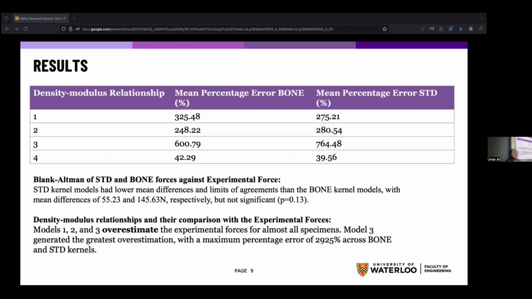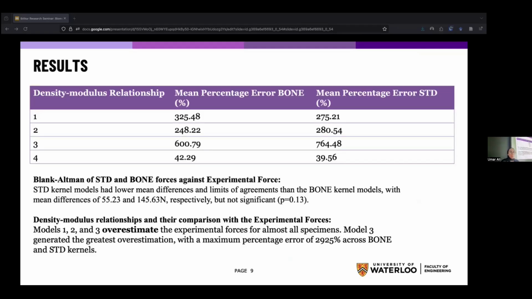We can see here that the percentage errors are really crazy. We have some at 700% and 600%. These are not optimal for a surgeon to determine if their patient is going to have any issues in surgery. But we can see that for relationship 4, we have a huge decrease. Still not optimal, but I'll expand on that in a minute. We have 39% for the standard kernels and 42% for the bone kernels.